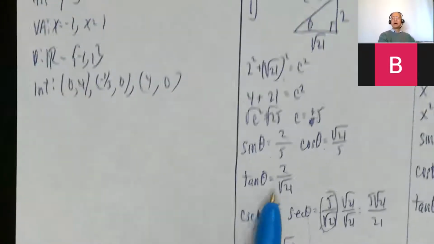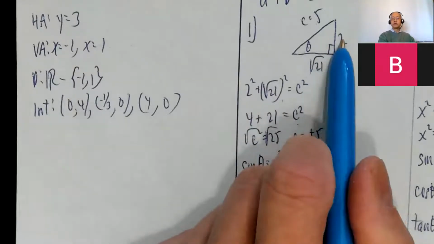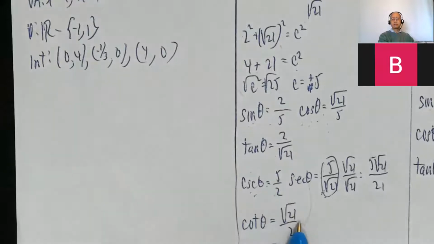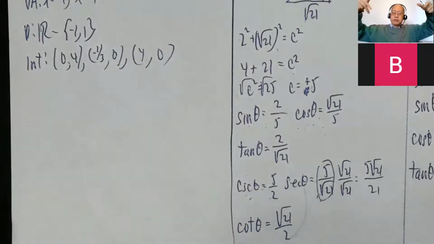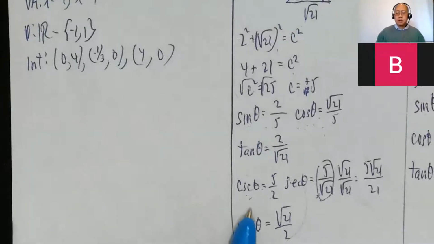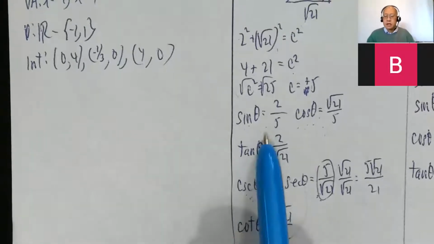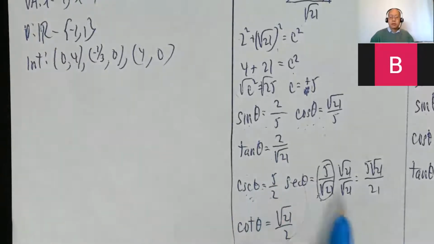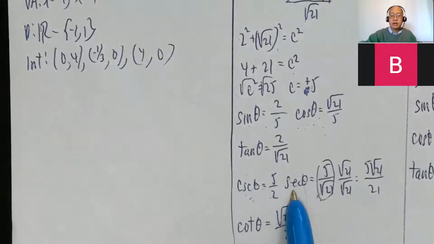Tangent, TOA, opposite over adjacent, 2 divided by radical 21. And that's it, the rest are just flips. So cosecant theta, flip this guy, 5 over 2.